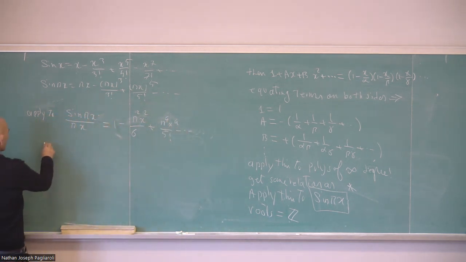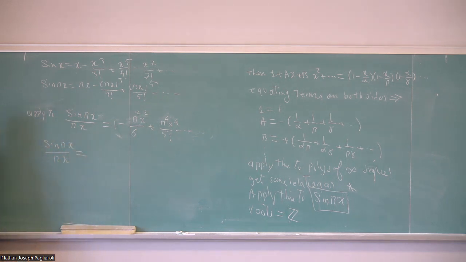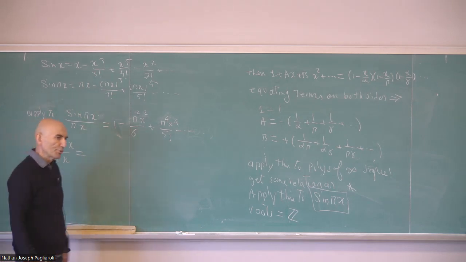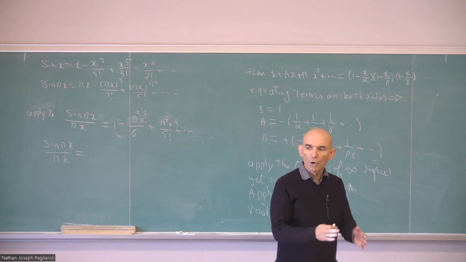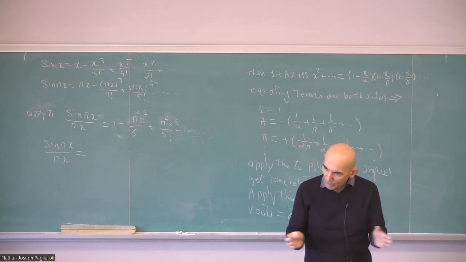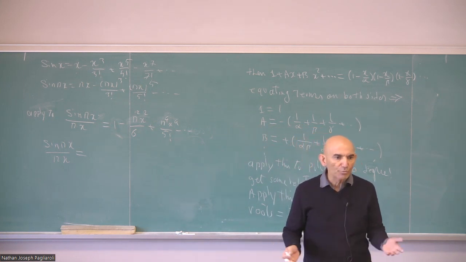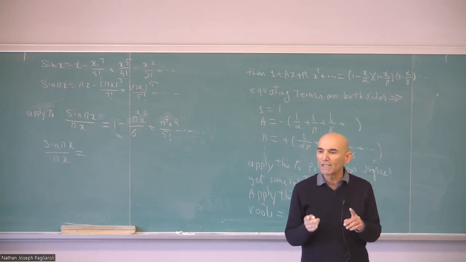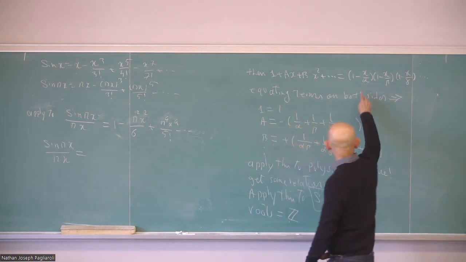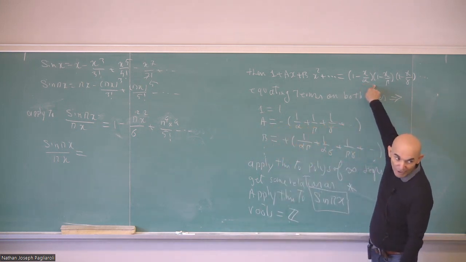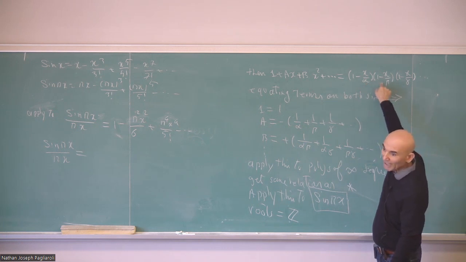Now, sine of pi x over pi x is equal to what? Because we know the roots of sine of pi x over x, these are all non-zero integers, so it's going to be equal to the product of all these roots. But these roots appear in positive and negative, so each factor appears as two terms, one positive, one negative.